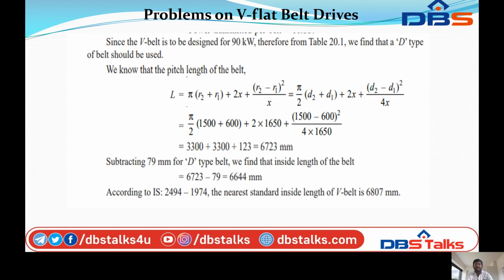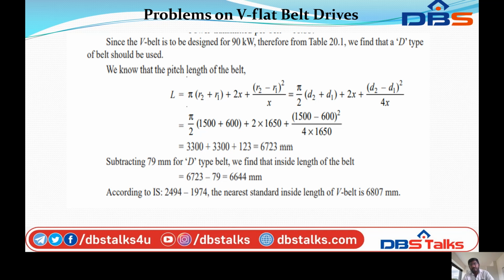We know the pitch length of the belt, so we can calculate it. L is equal to pi by 2 into d2 plus d1, plus 2x, plus d2 minus d1 whole square by 4x.